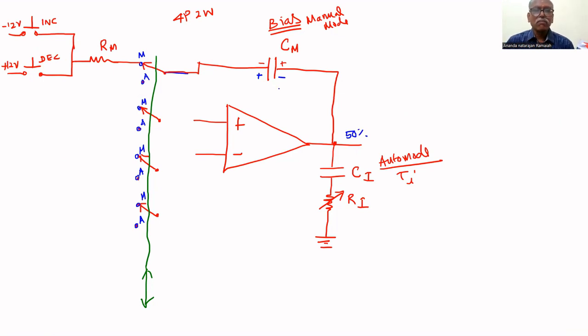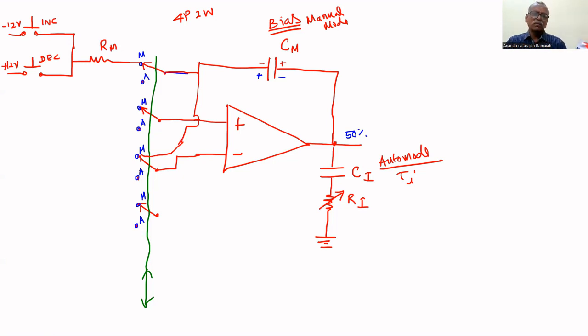So in manual, this should be in negative feedback. This is connected to positive and this is connected to negative. The capacitor is also connected to the inverting terminal.